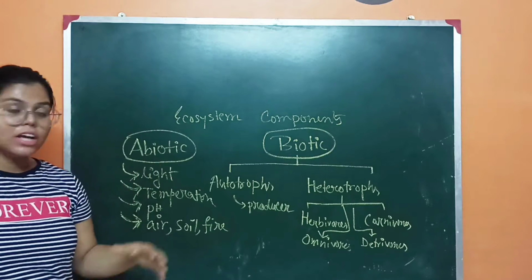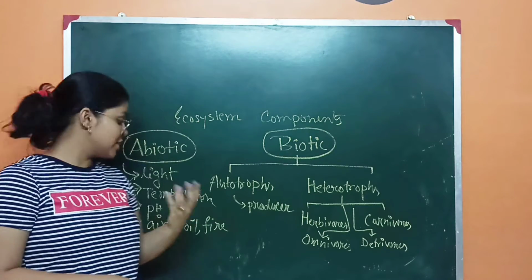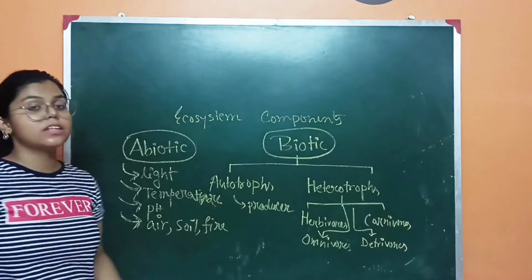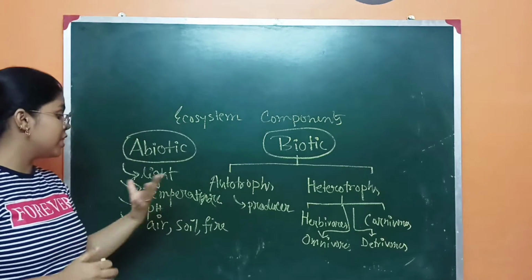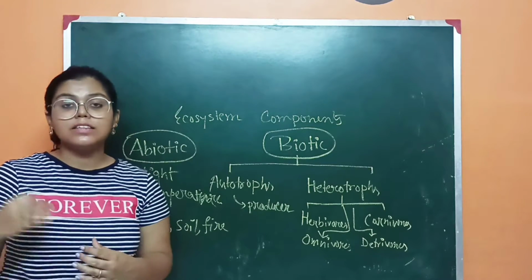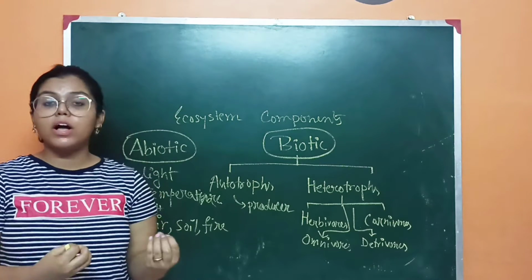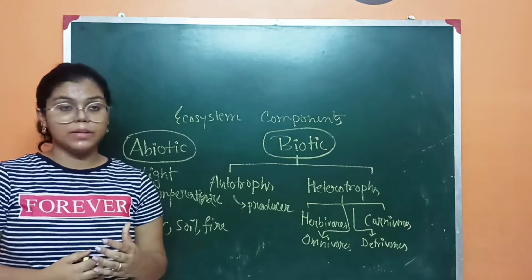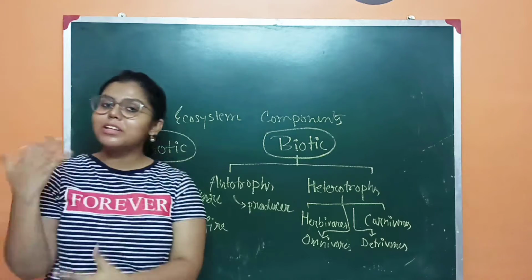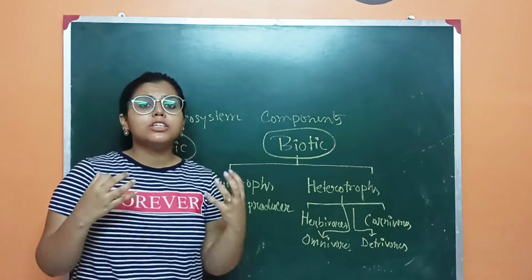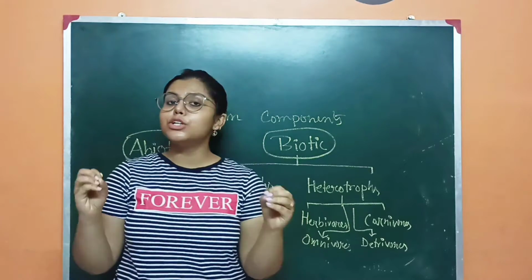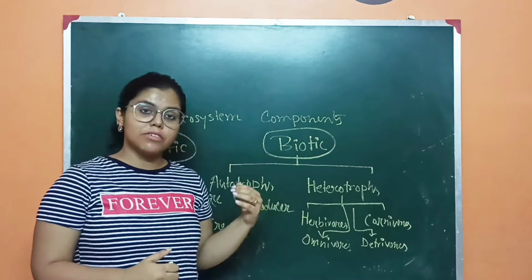The sunlight is important. Also temperature is important in some cases, like reproduction. For example, crocodiles, whose reproduction is temperature dependent. And also pH, air, soil, we can't live without the abiotic factors.